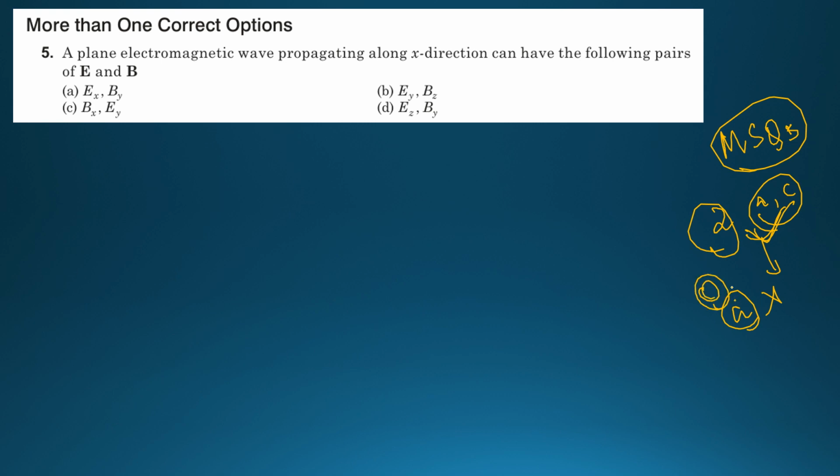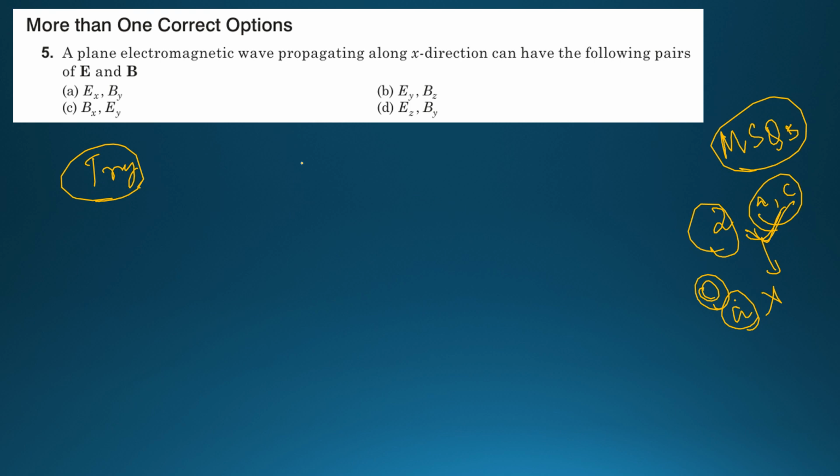A plane electromagnetic wave propagating along x direction can have the following pairs of E and B. Let's try this question. Easy questions, don't leave them. What is given exactly?